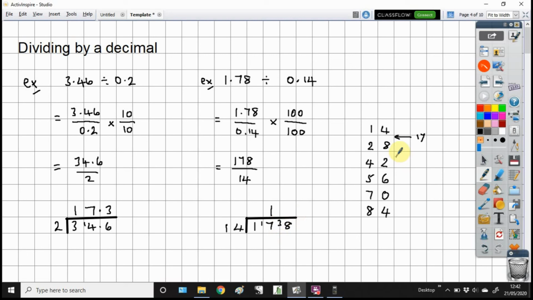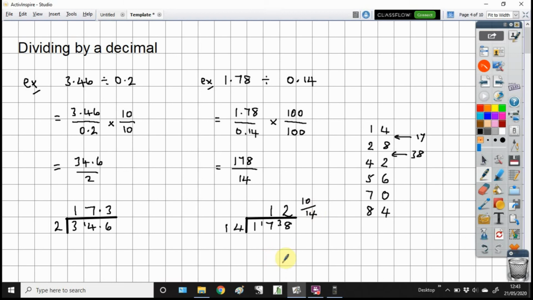Now 14 into 38, 38 is in there. So 14 goes into 38 twice, with a remainder between the 28 and the 38, a remainder of 10. And I think I'll write my answer like this, a remainder 10 out of 14.